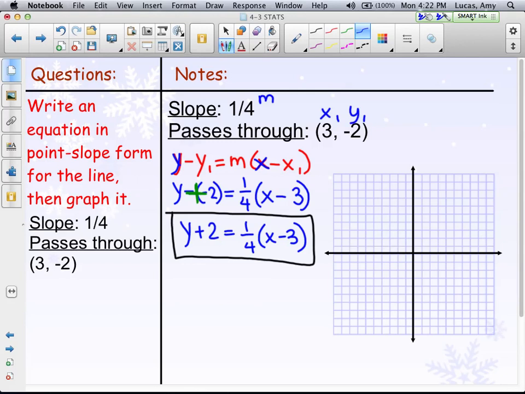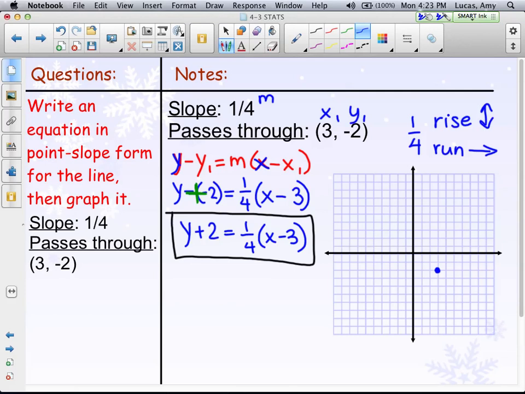So let's talk about how we can graph this. We know how to graph the point (3, -2). So I'm going to graph that point right here. So to the right 3, down 2. We know how to use the slope. If the slope is 1/4, I'm going to rise 1. Remember our rise, up, down, and then I'm going to run 4.